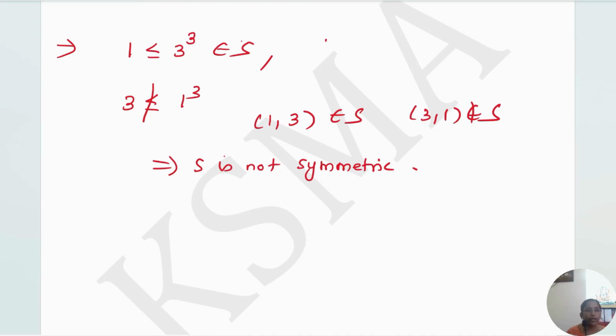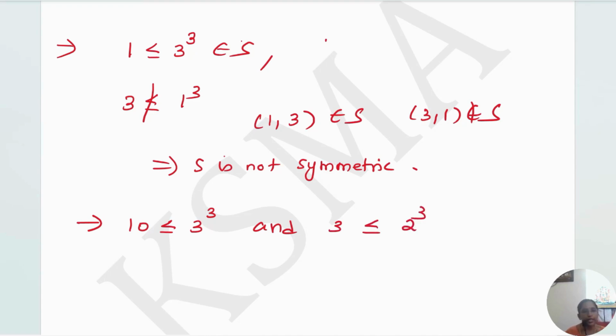And coming to the third condition, transitive. Here the relation is given with the letter S, so you use the letter S always while writing your answer. You can consider 10 ≤ 3³, and you can consider 3 ≤ 2³.